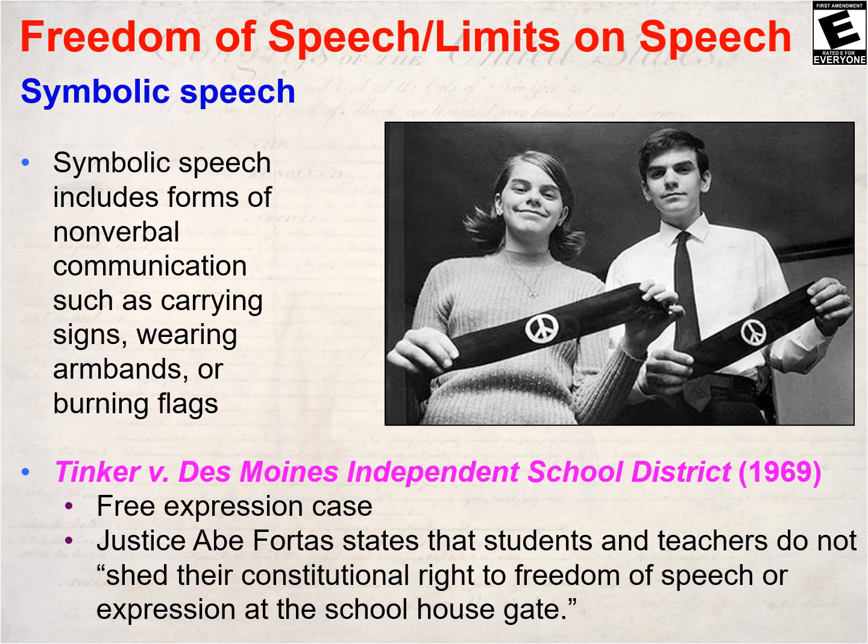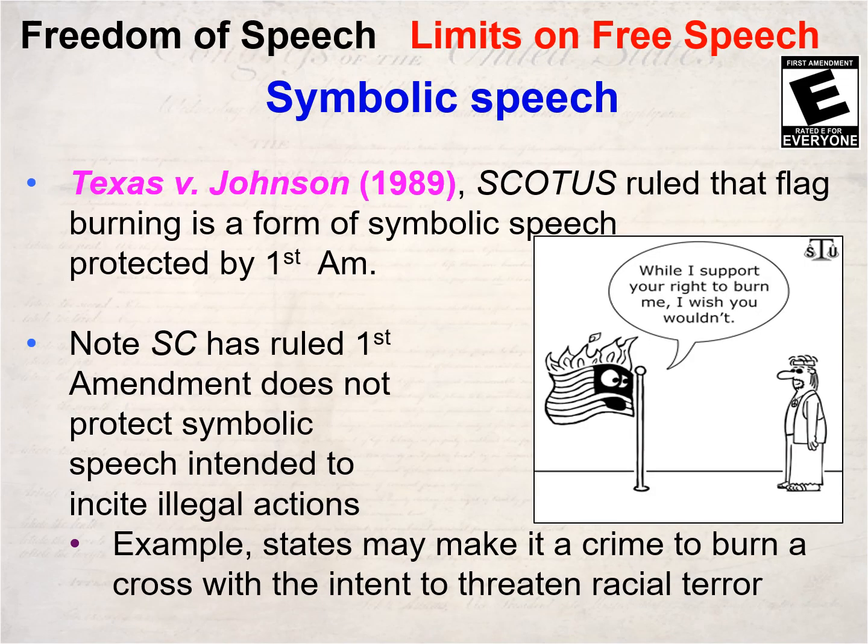And so they took their school to court. Isn't that always fun? And they won. They said that students and teachers do not shed their constitutional right to freedom of speech or expression at the school gate. The other symbolic speech case is Texas versus Johnson.